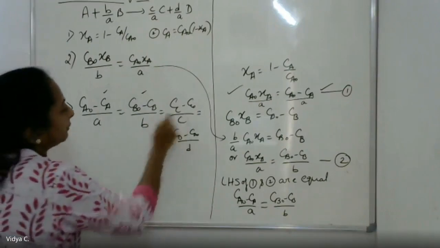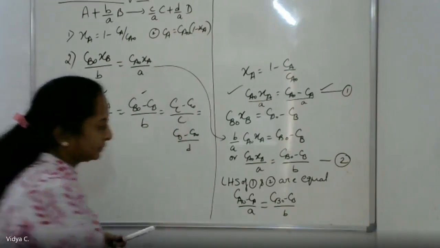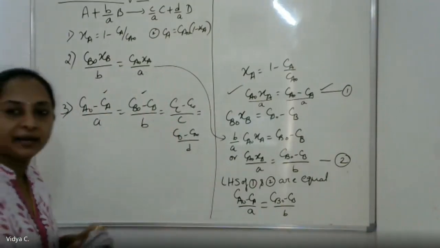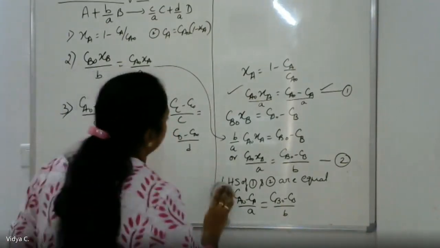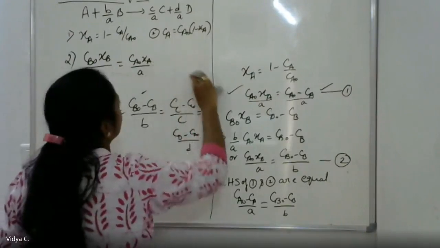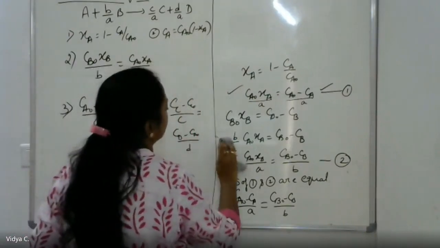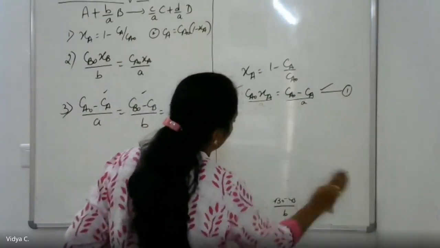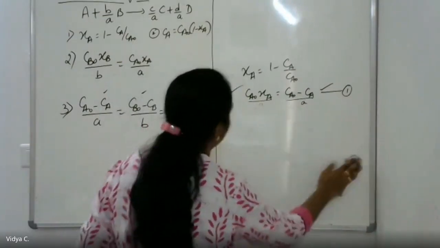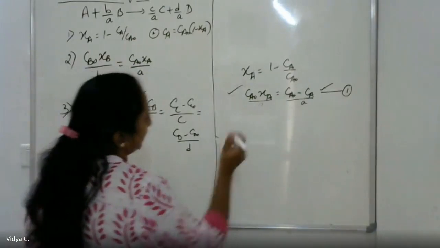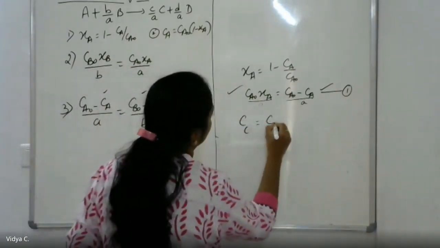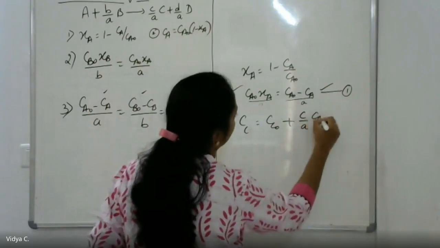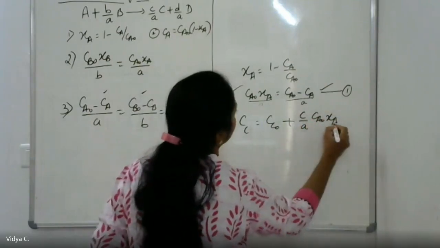Now, how do I equate this one? Let me check how I get that relation. For that, let me write the equation for CC. How do we find CC? CC is equal to CC naught plus C by A into CA naught XA.